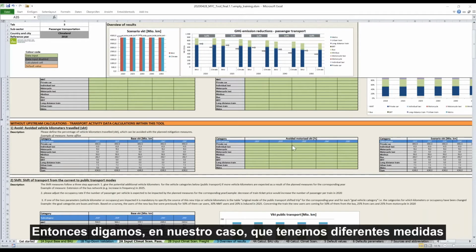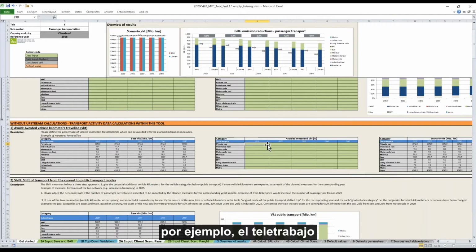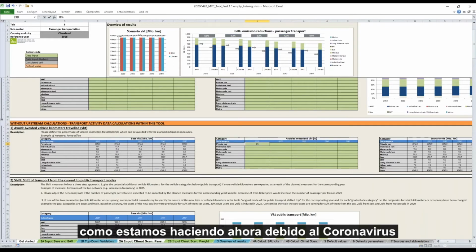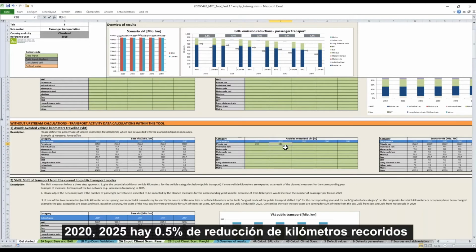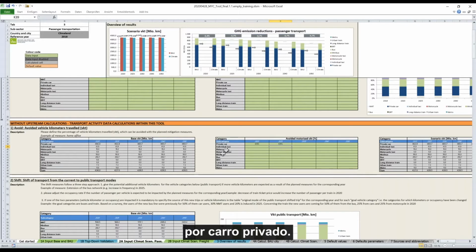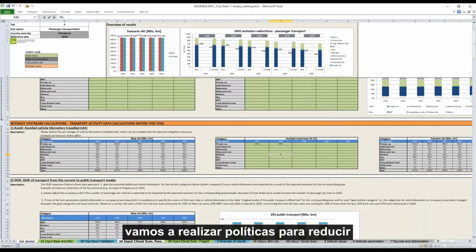So let's say in our case we have different measures, for example, home office, as we are doing currently for coronavirus. And we say that for the years 2020, 2025, there is 0.5% reduction of the vehicle kilometers for private car. We decide that for example, for the minibuses, we are doing policies to reduce their number.